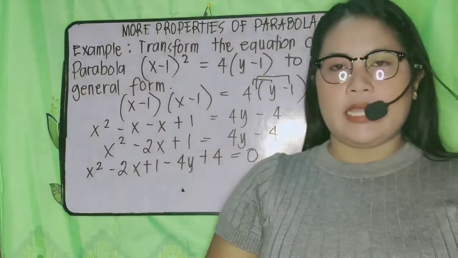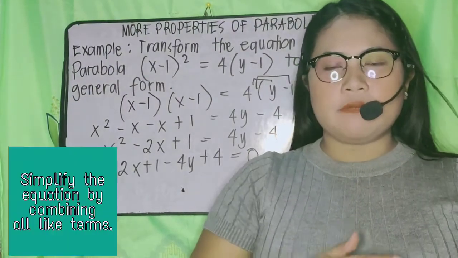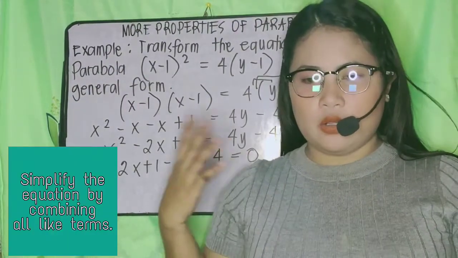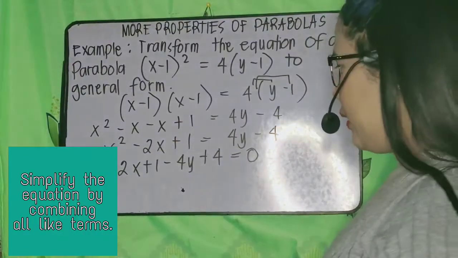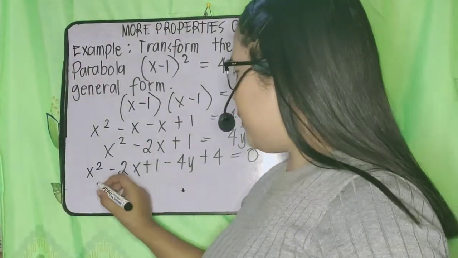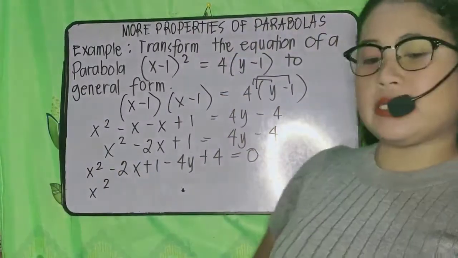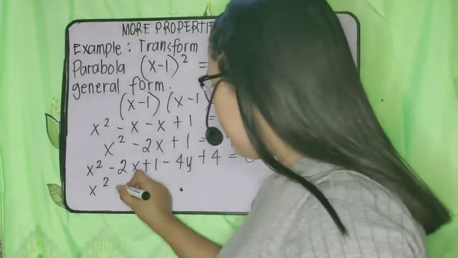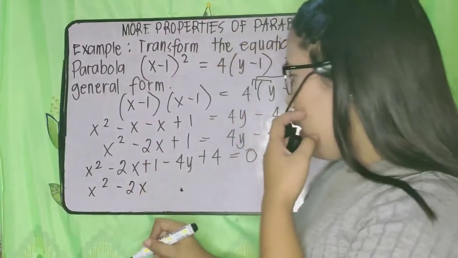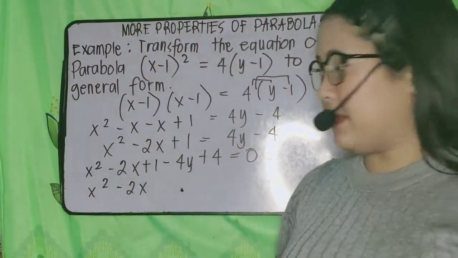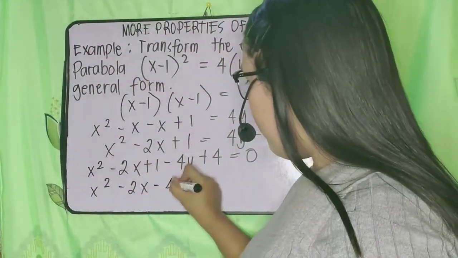So, that's it. Then our step 3 is to simplify the equation by combining like terms. Since the x squared has no like terms, we just copy it. The x also has no like terms, so we copy negative 2x. Same goes with y, it has no like terms, so we copy negative 4y.